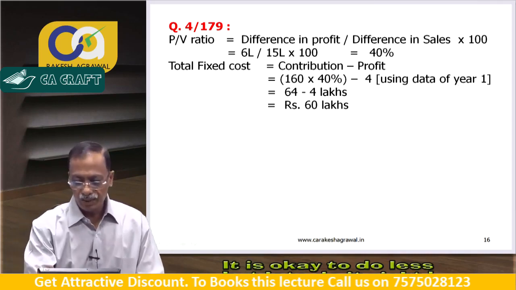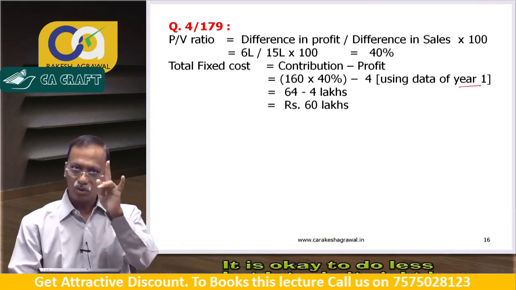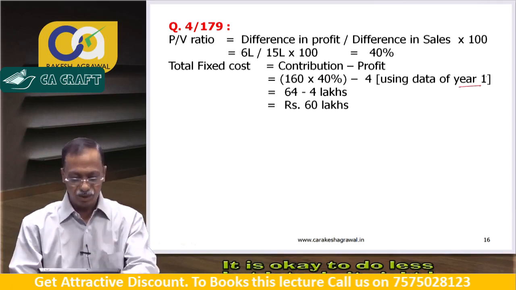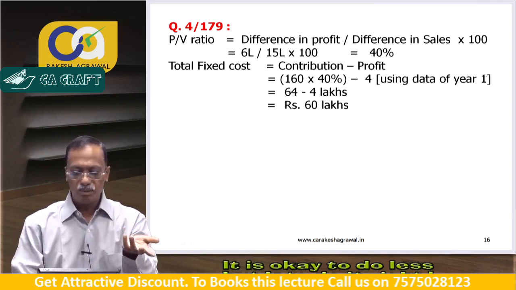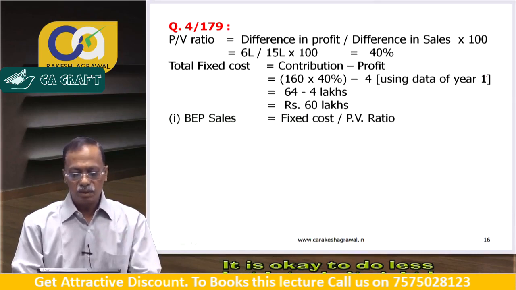And we have used the yearly data, so naturally your fixed cost will also be for a year. So this is yearly fixed cost, 60 lakhs. Now BEP is very simple.